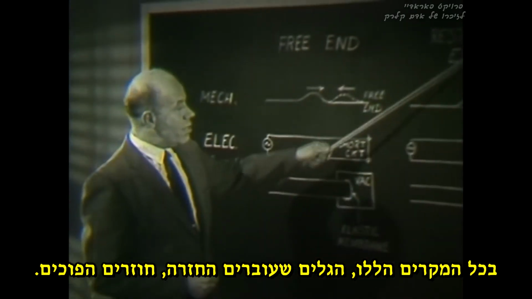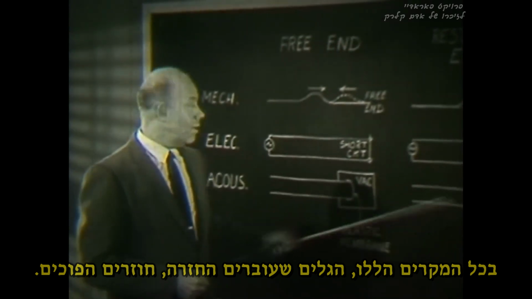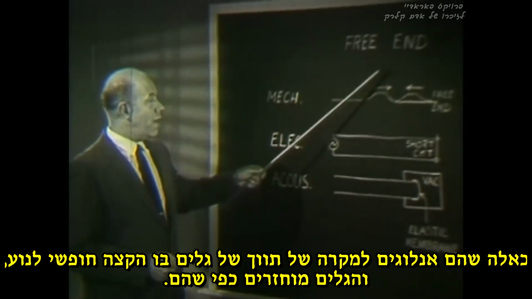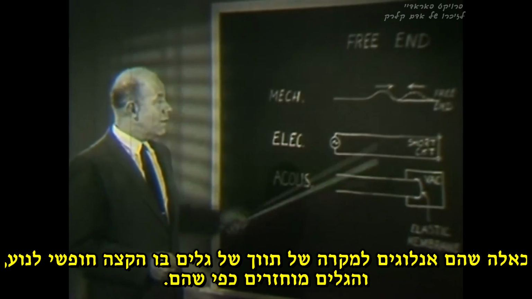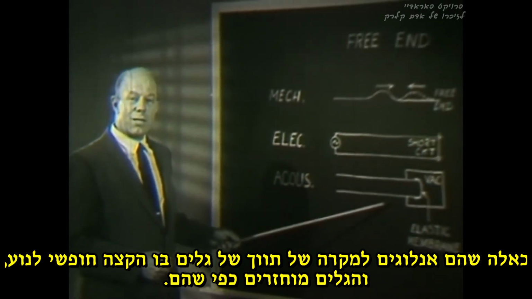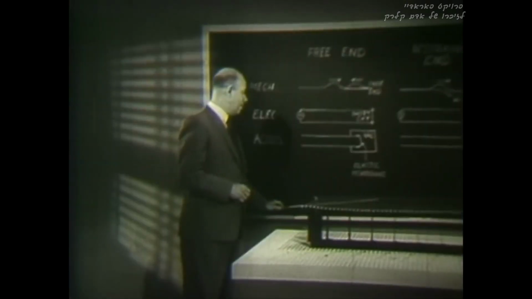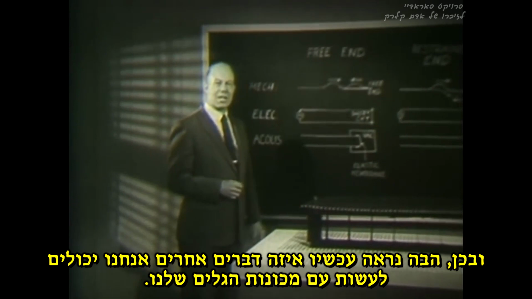In all of these cases, the reflected waves come back upside down, and in all of these other cases, conversely, which are analogous to the case of the free end of a reflecting wave medium, the reflected waves come back right side up. You see, nature really is consistent. Well, now let's have a look at some of the other things we can do with our wave machines.